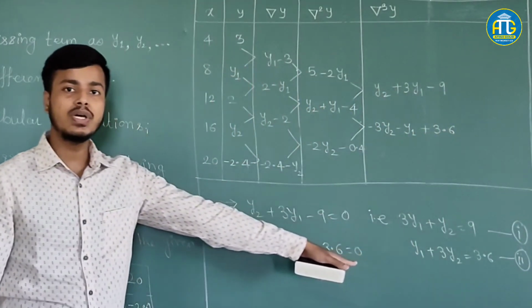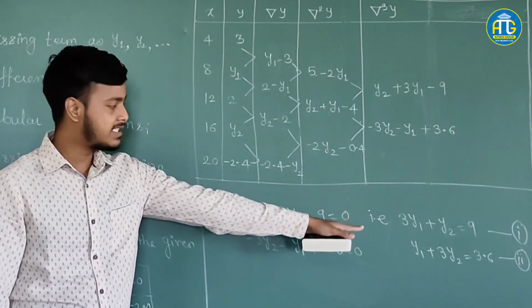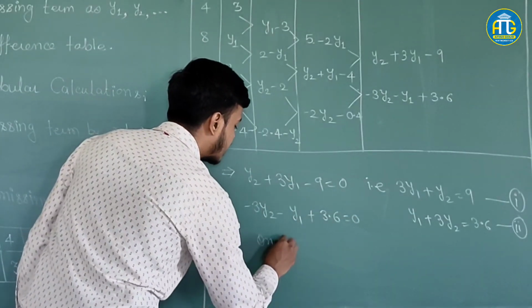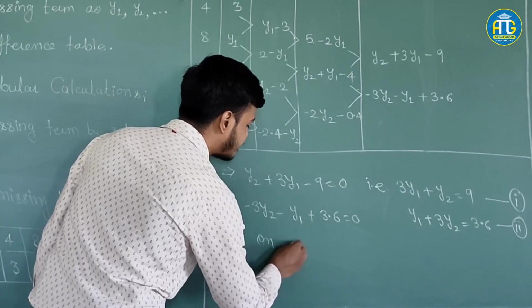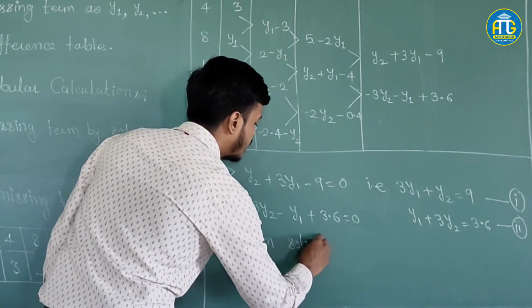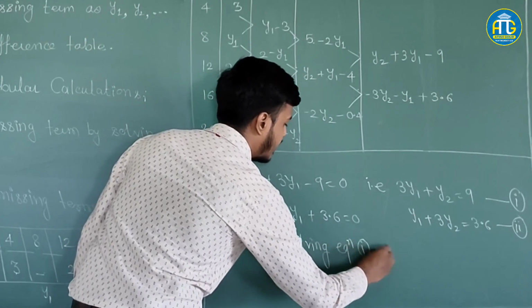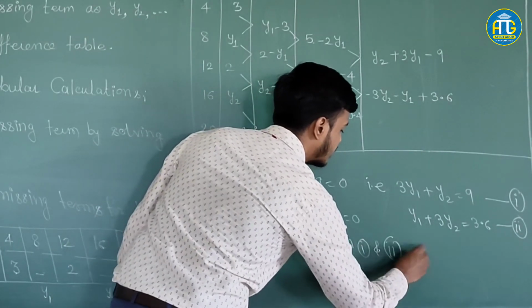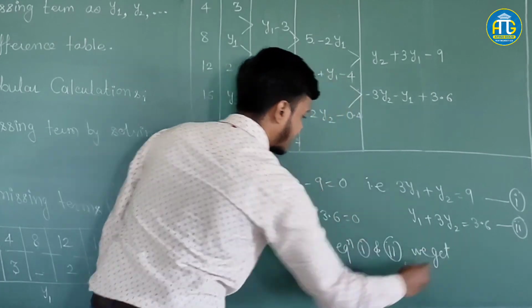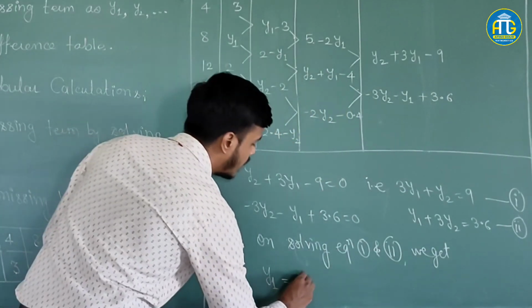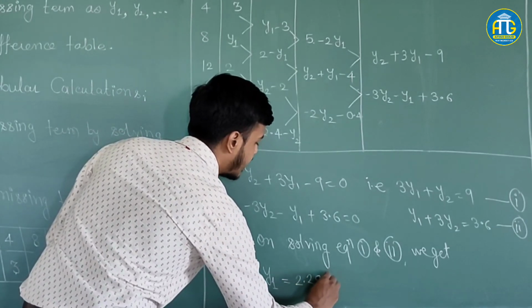Now two equations, two unknowns, ideal conditions, and these are the simultaneous linear equations. So you can easily find out the values of y1 and y2 from equations 1 and 2. We will get y1 is equal to 2.295.